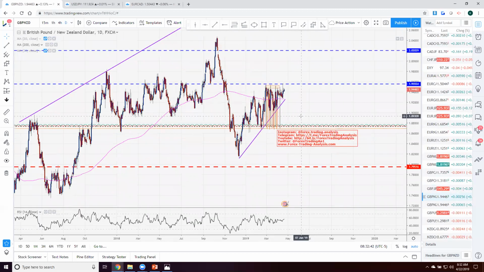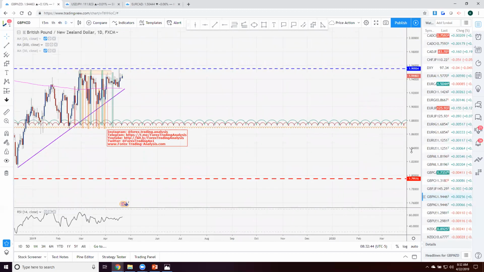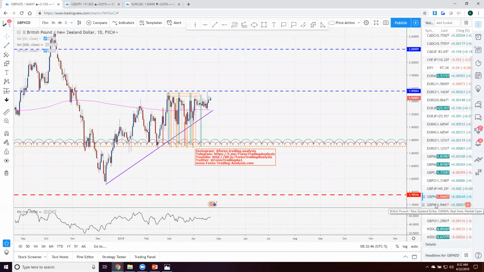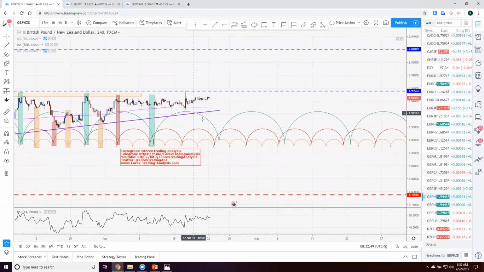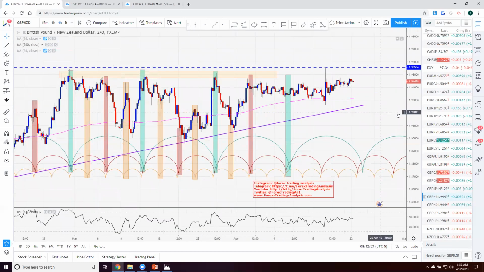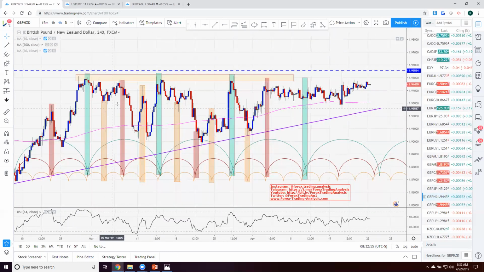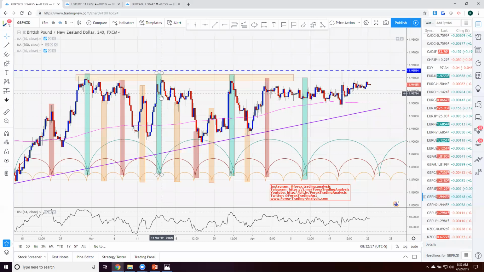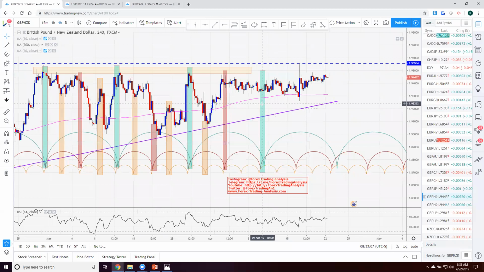Down Kiwi, another cyclic example we had. Multiple cycles shown here for the different swings and ending of those swings and how they coincided with the cyclic aspect.